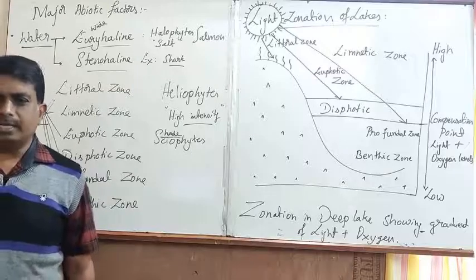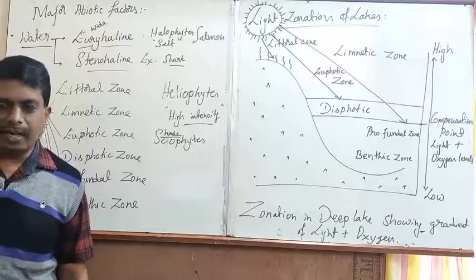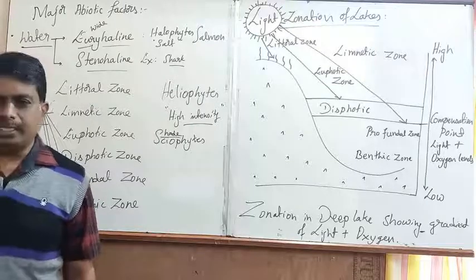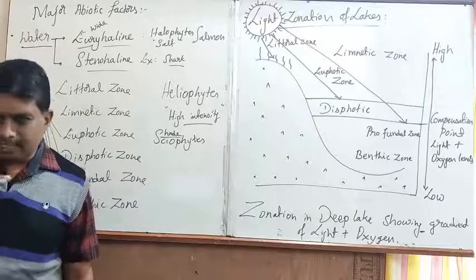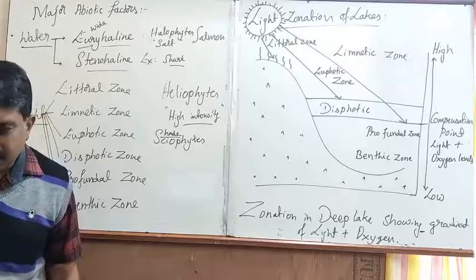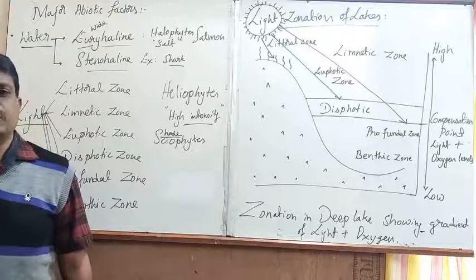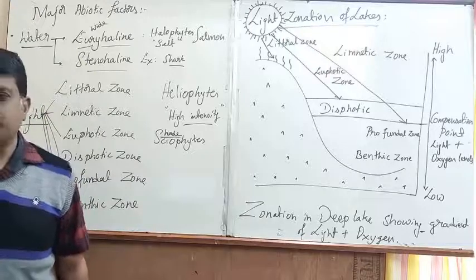Whereas the green light is effectively absorbed by the red algae. As a result, the red algae extend to great depth and it is the major producer in the marine ecosystem.